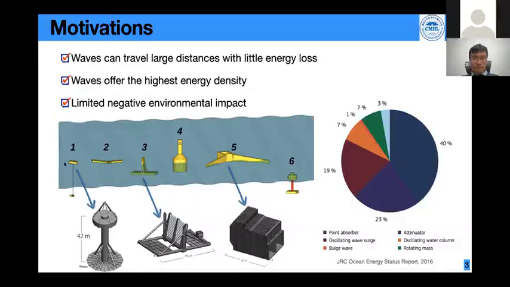For example, this is the point absorber wave energy converter, and this is the type we will talk about today, the oscillating wave surge converter. Another important one is the oscillating water column, as you can see here. This map shows the percentage of different wave energy converters in 2016, reported by the EMEC Ocean Energy Status.